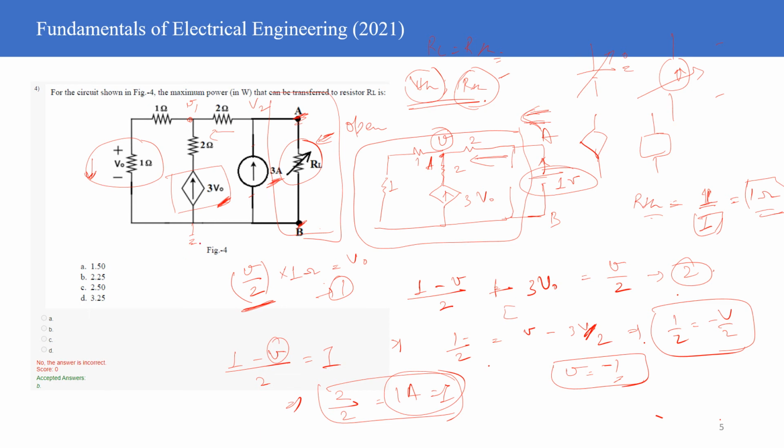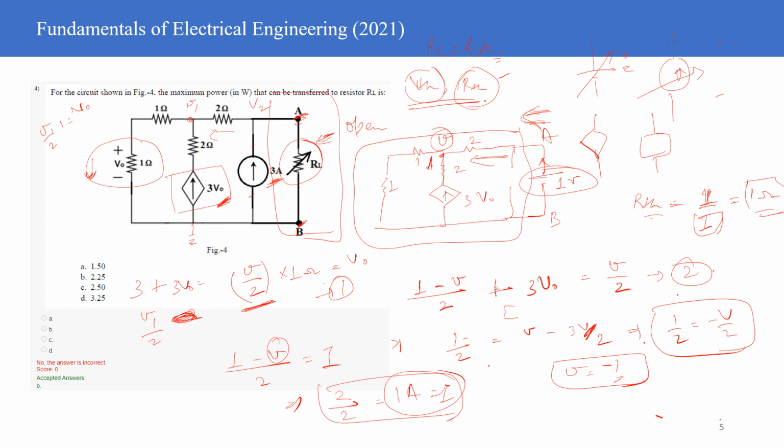Now if 3 ampere is coming from this side, I can write 3 ampere plus 3 V naught is equal to V1 divided by 2. And what is the value of V naught here? V1 divided by 2 into 1 is equal to V naught, the same thing we did previously.